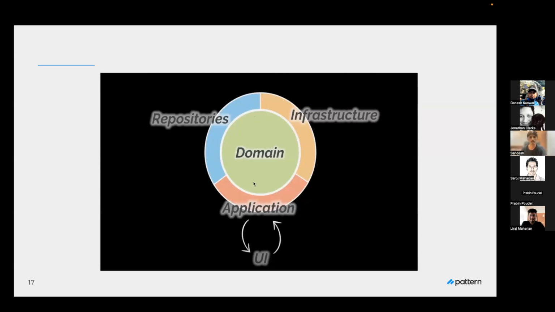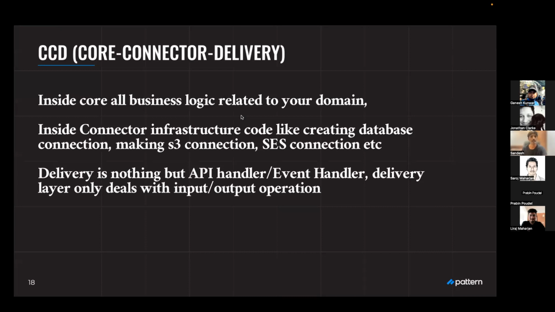The domain always comes first. The infrastructure, the repositories and the application evolve around it. Whatever we need, we just create and import those classes. I have already discussed this, what I call CCD, core connector delivery, which makes code much more readable and maintainable.